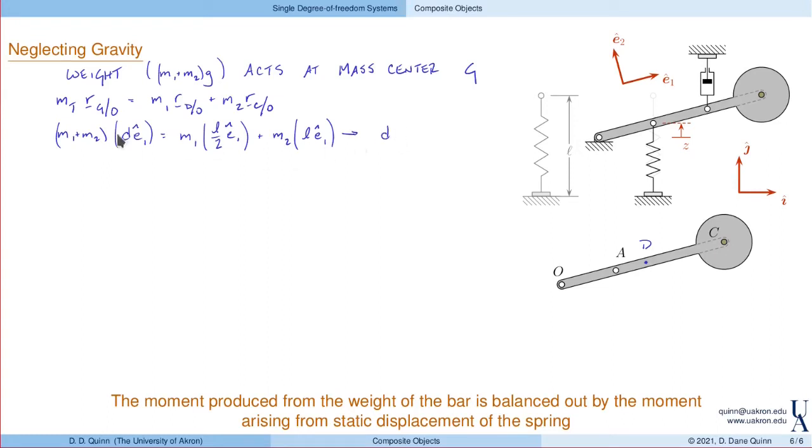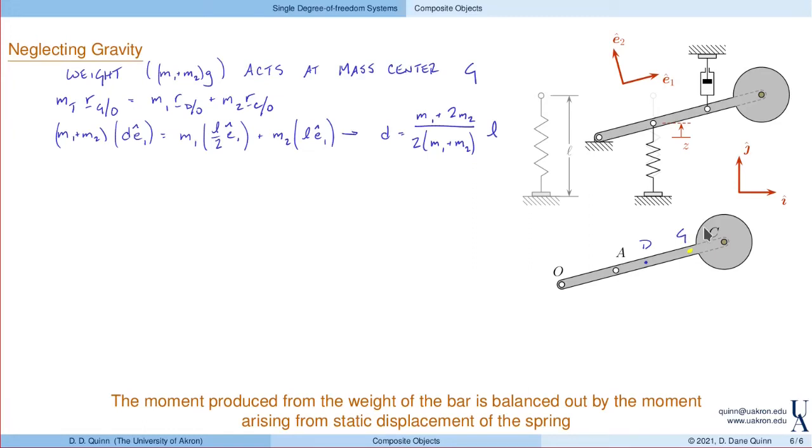So, solving this equation, we find that d is, well, we can write it as M1 plus 2M2 divided by 2 times M1 plus M2, times the length of the bar. Right? This M1 plus M2 comes from here, and then what's left? Well, we have the M1 over 2 times L, and then M2 times L from there. So I can basically determine where this mass center is. And so let's define that point right there. Let's say that's where it is.